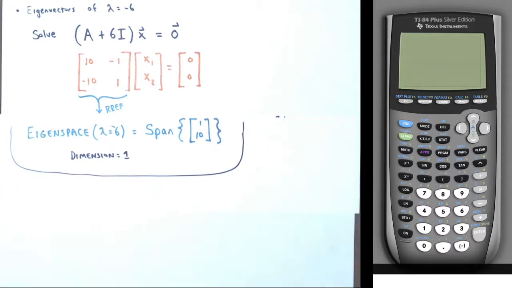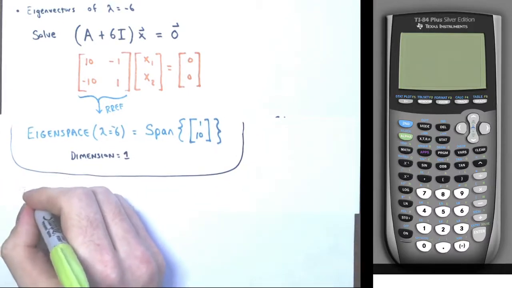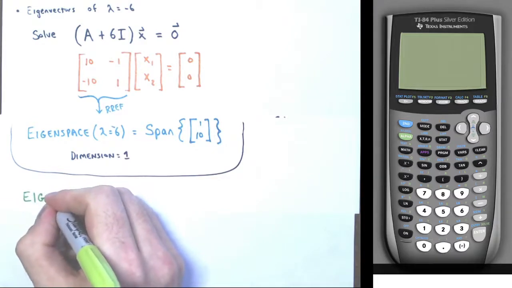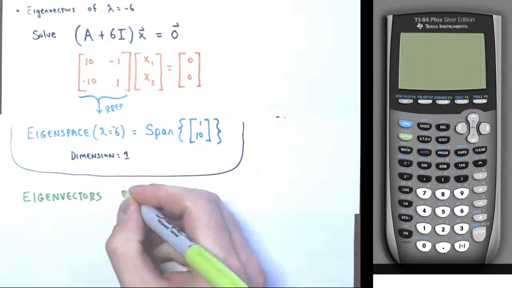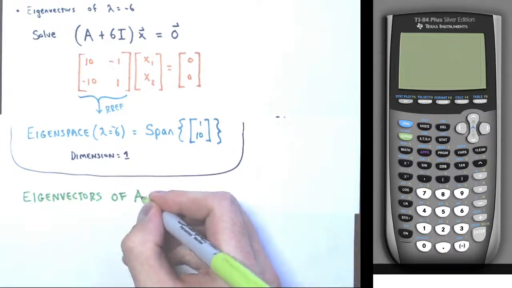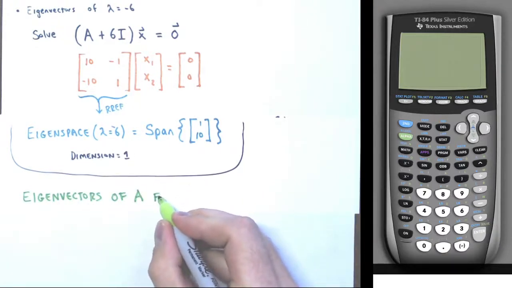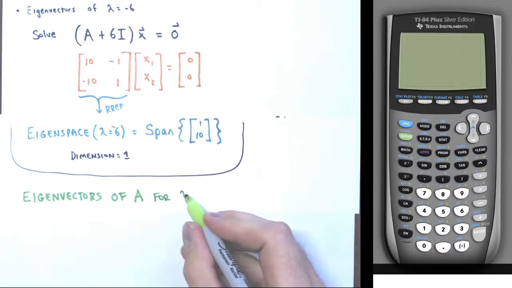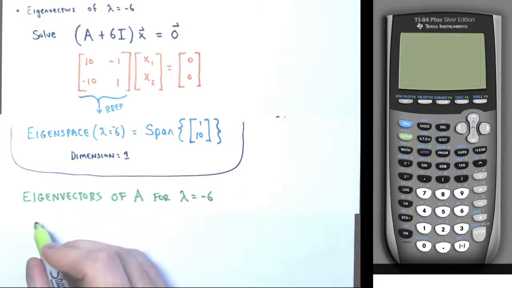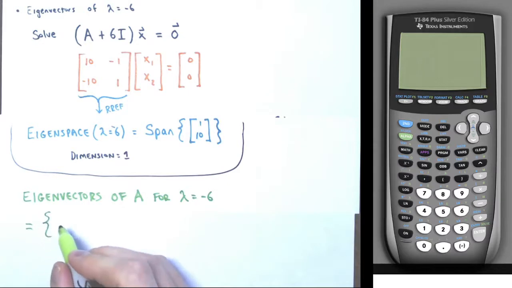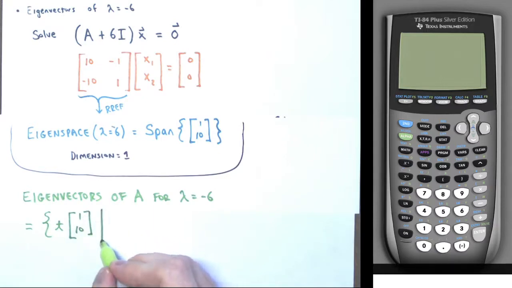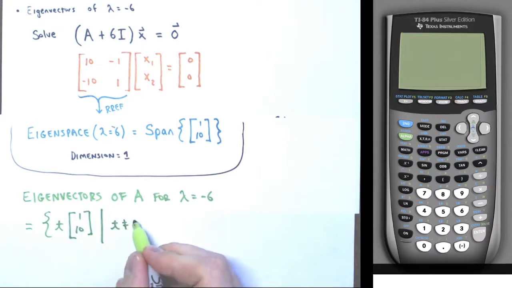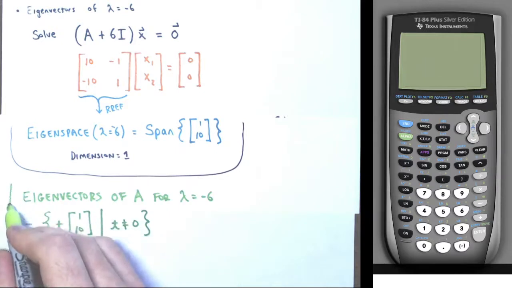All right, so the eigenvectors of A, I'll say 4, corresponding to lambda equals -6, is the set of all the vectors that are multiples of the vector (1, 10), just so long as you don't have the 0 vector.